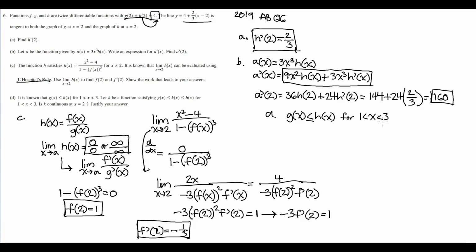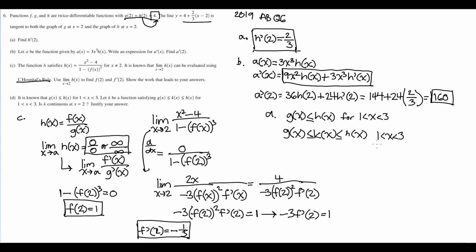Let k be a function satisfying g of x is less than or equal to k of x is less than or equal to h of x, for 1 less than x less than 3. Is k continuous at x equals 2?